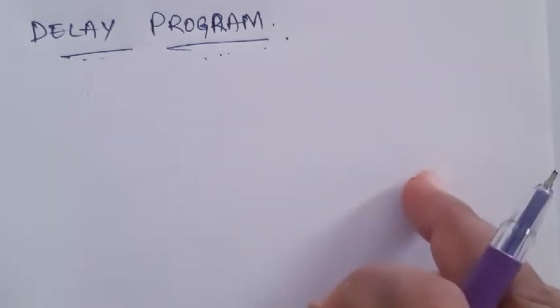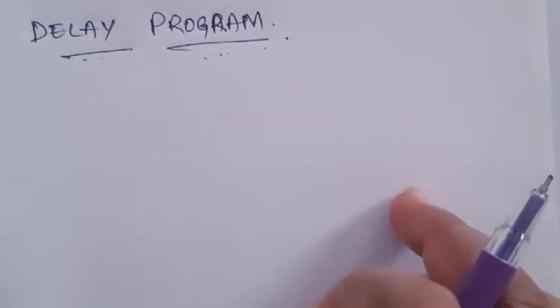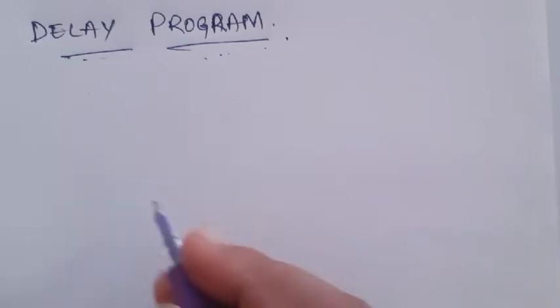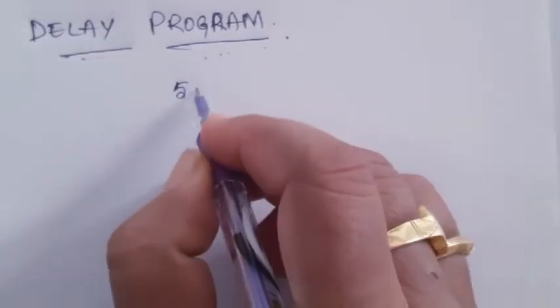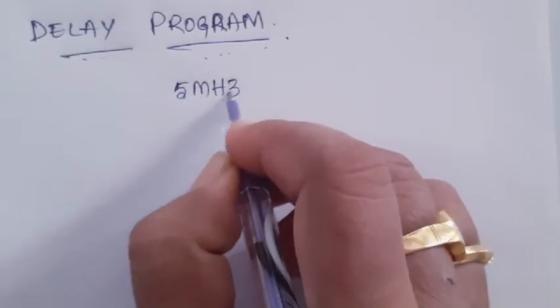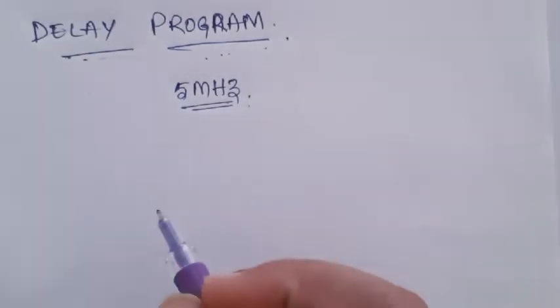And you know that the processor is given a 5 megahertz clock, isn't it? 5 megahertz or 8 megahertz, depending on the version.